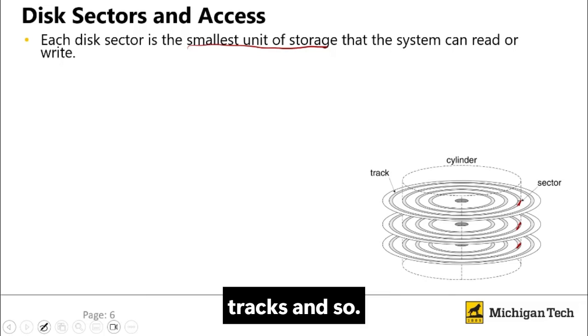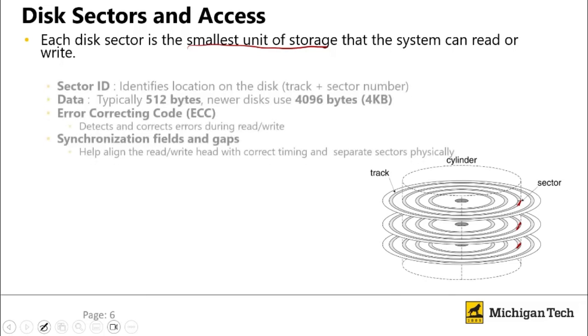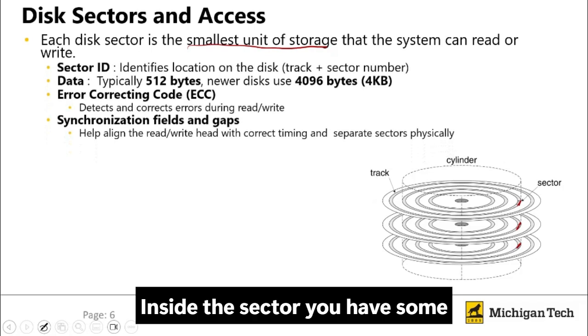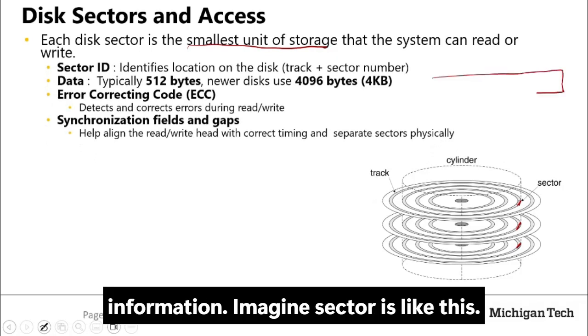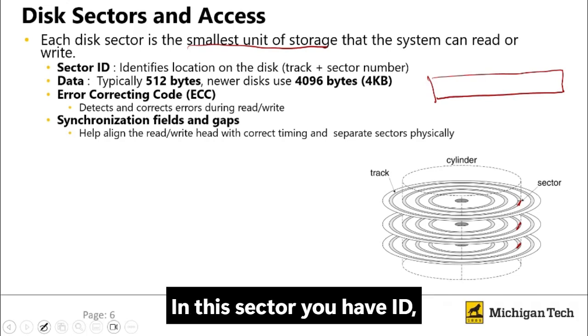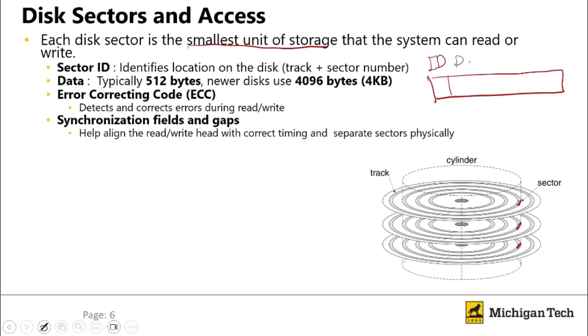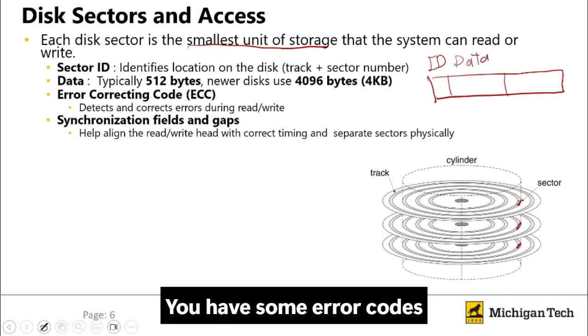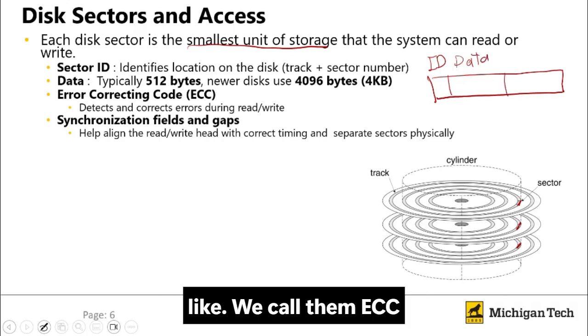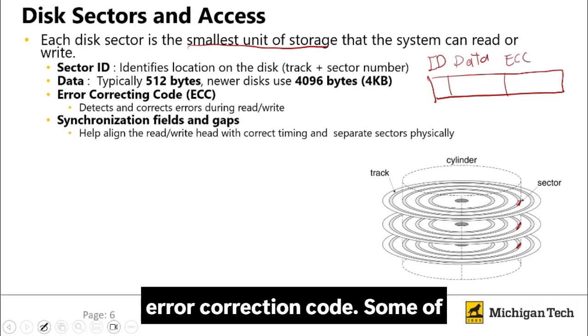Inside the sector, you have some information. Imagine a sector is like this. In this sector, you have an ID, you have data, you have some error codes, which we call ECC, error correction code.